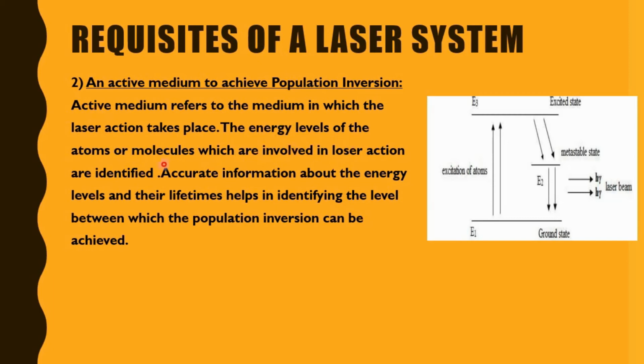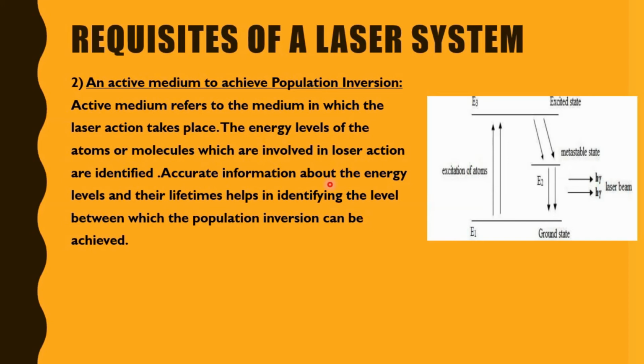The energy levels of the atoms or molecules which are involved in laser action are identified, and accurate information about the energy levels and their lifetimes helps in identifying the levels between which the population inversion can be achieved.